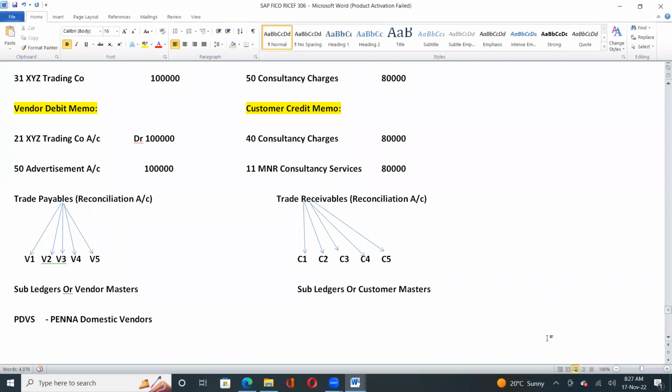Here it is SD, the number ranges. We can give domestic vendor. The most important thing is that this is client level, so we need to check the availability of number ranges.